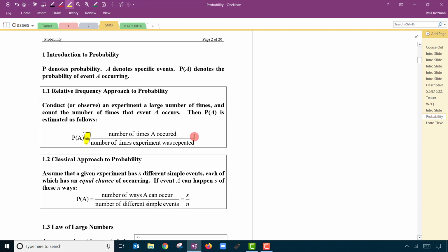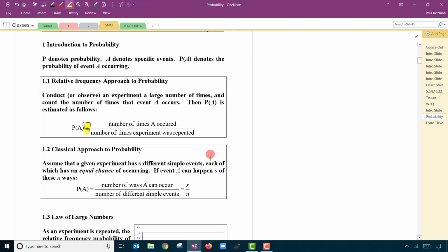What are your chances of getting some sort of disease? We can't necessarily count all the different ways that you could get it or all the possibilities. So we would have to look at experimental data. So we do use both approaches here quite a bit.